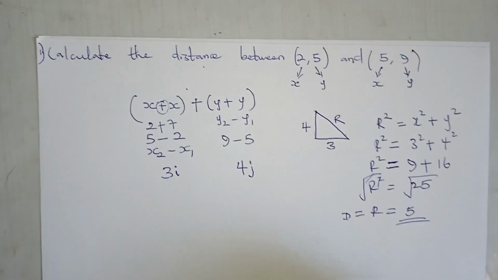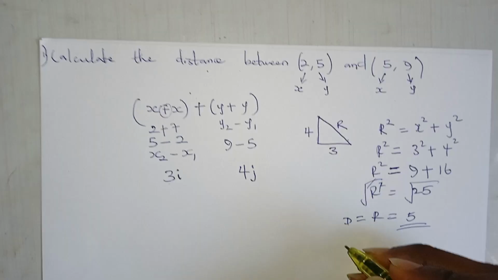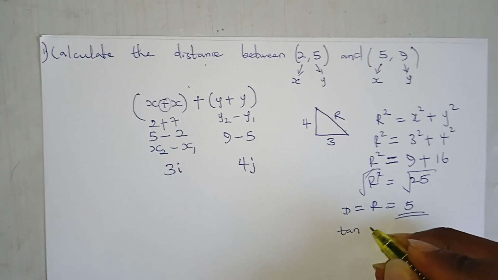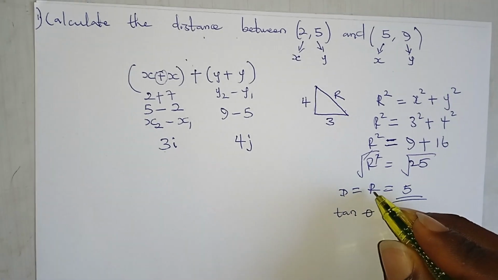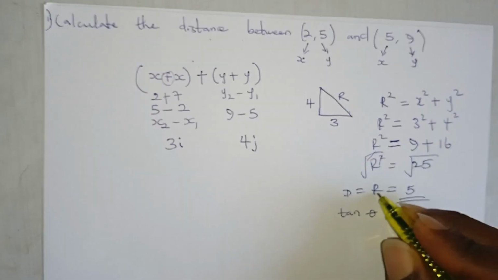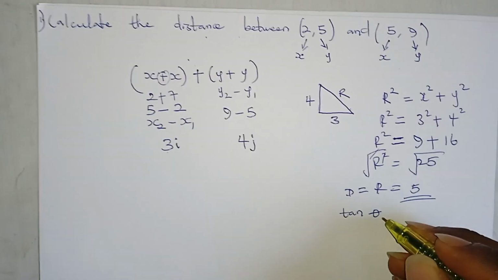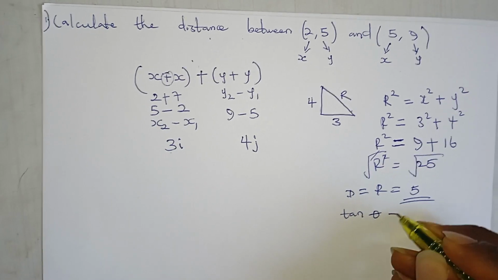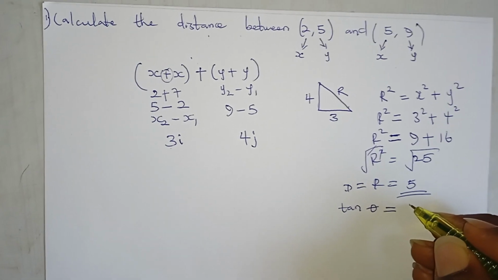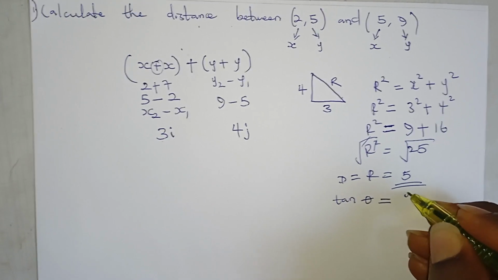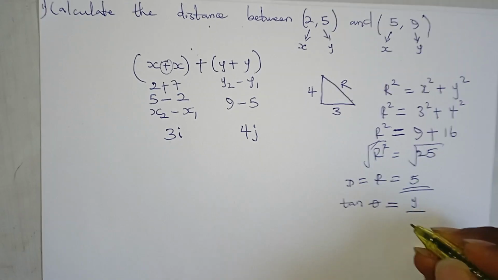Now in a situation where they tell me to find the direction, this will now be tan theta, the direction. If they ask you to find displacement, distance, whichever one, this is how to find it. But if they ask you to find the direction, tan theta is always equal to sine over cos, and sine theta is the same as y, and cos theta is the same as x.